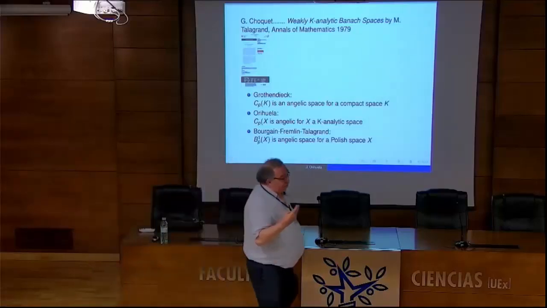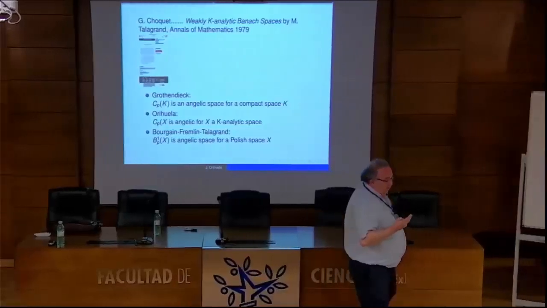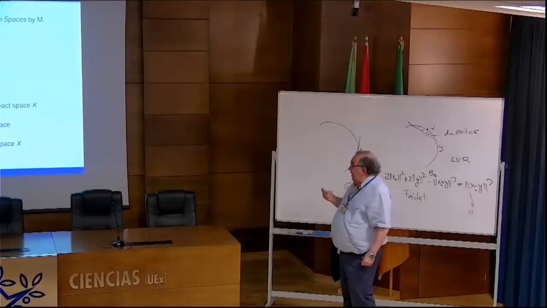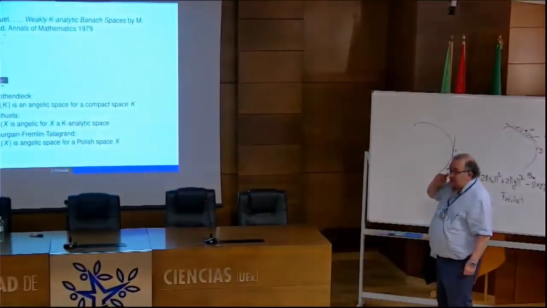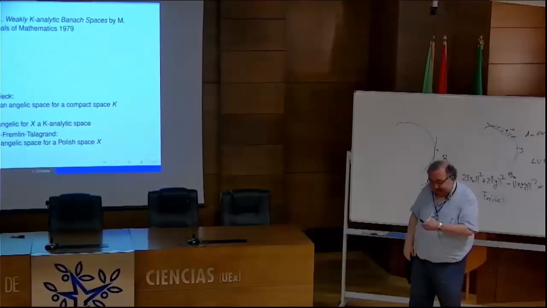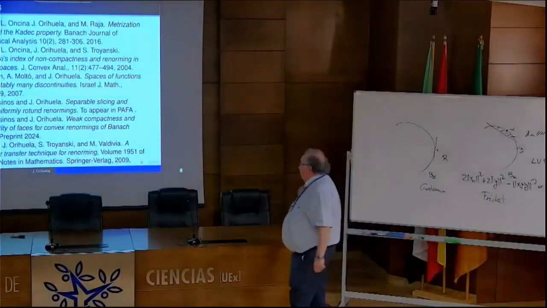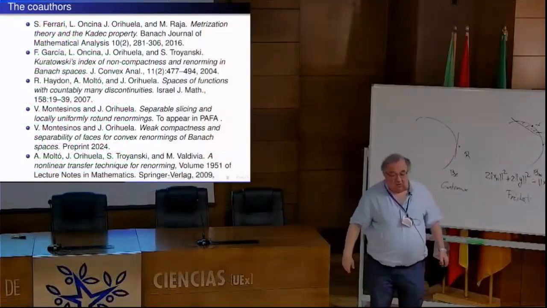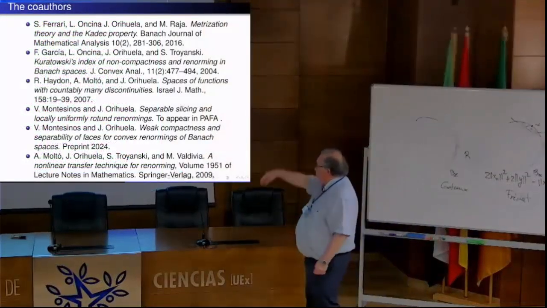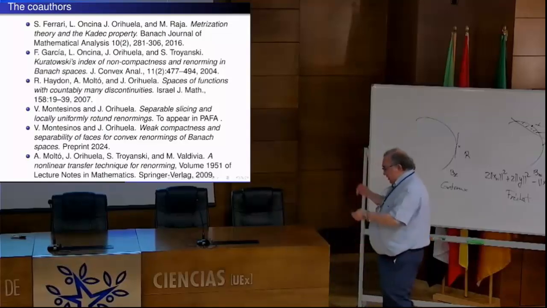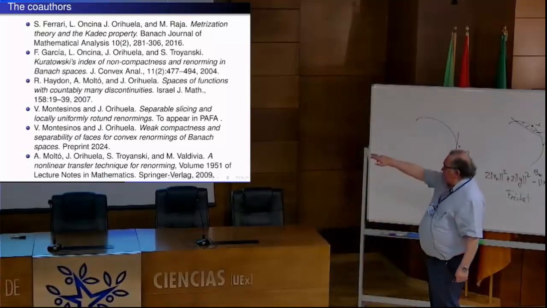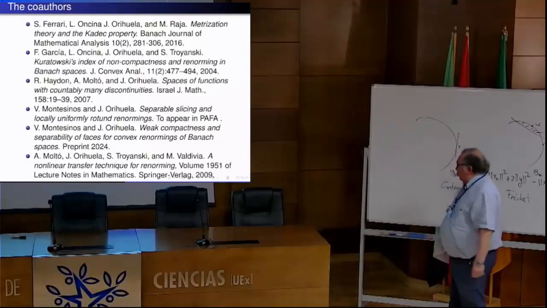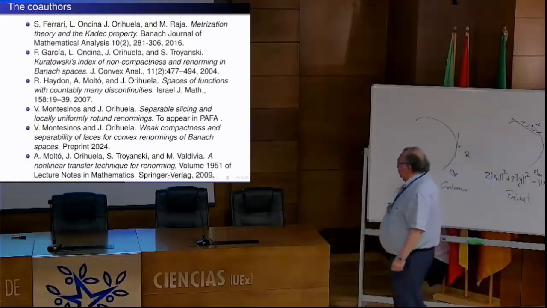So these are the three results on angelicity that are related with my work, and with K-analytic, with descriptive theory, and with Talagrand. This is the list of papers with co-authors, so I don't bother you too much with these things. There are preprints with Montesinos that will appear, one in PAFA, and the other one soon too, I imagine.